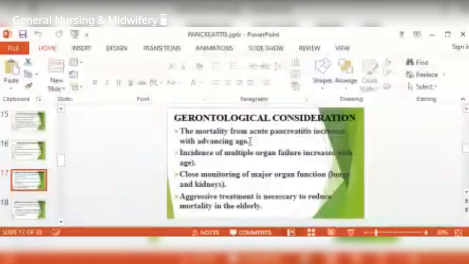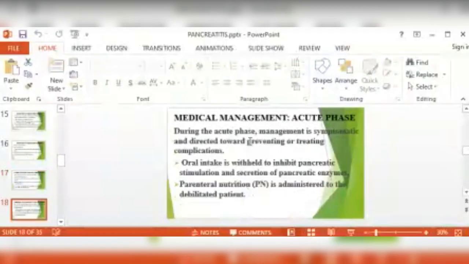Then also aggressive treatment is necessary to reduce mortality in the elderly patient. So when an elderly patient is presenting with pancreatitis, you have to take note very well because they are already vulnerable to it.